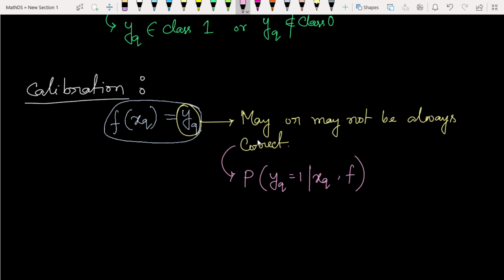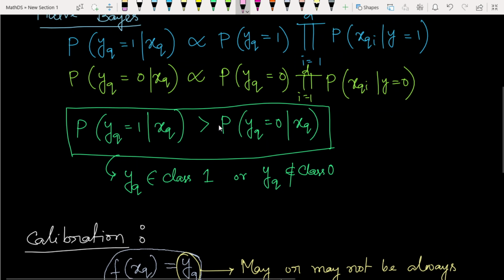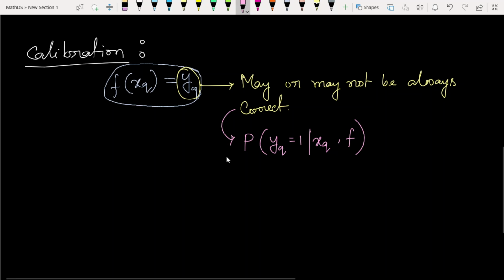But in naive Bayes, calculating this value is not always correct, since it applies an approximate value to this probability. So this is the main problem.